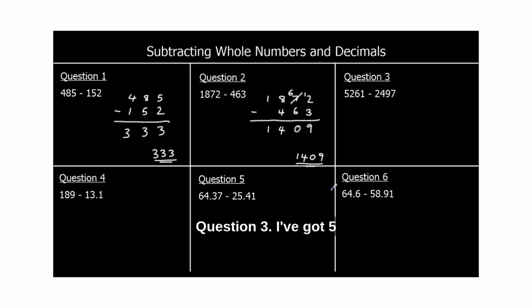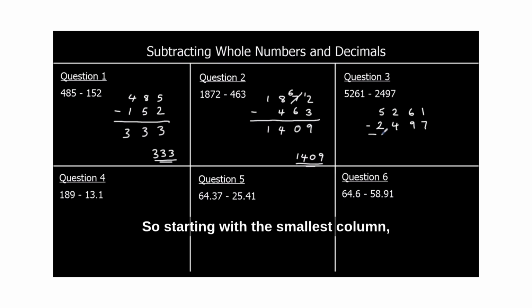Question 3. We've got 5,261. Take away 2,497. So starting with the smallest column, the ones, 1 take away 7, I don't want to do, so I'll steal one of the tens, and that's worth 10 in the ones. 11 take away 7 is 4.